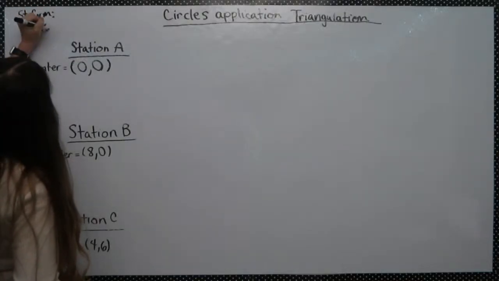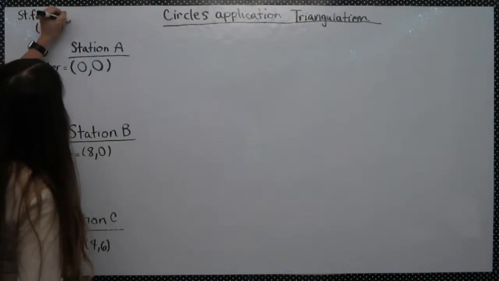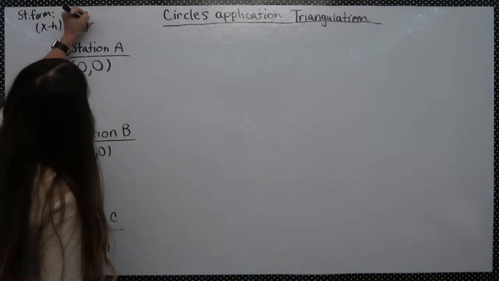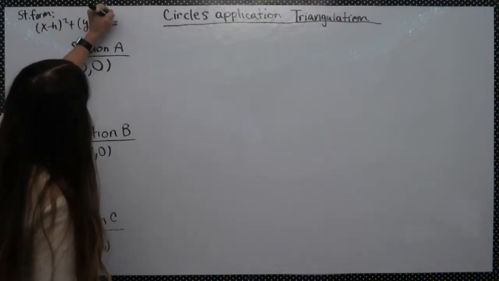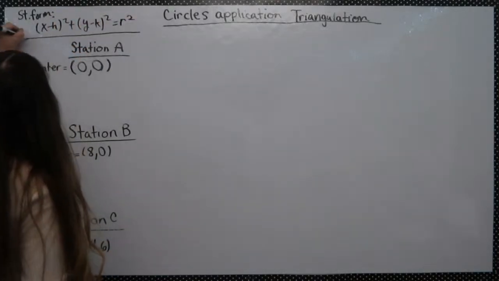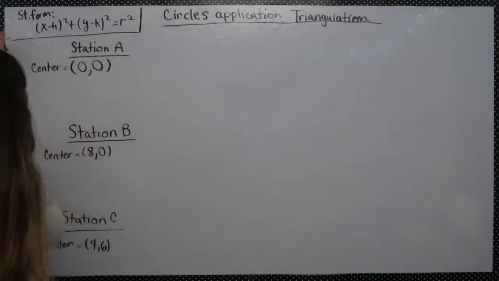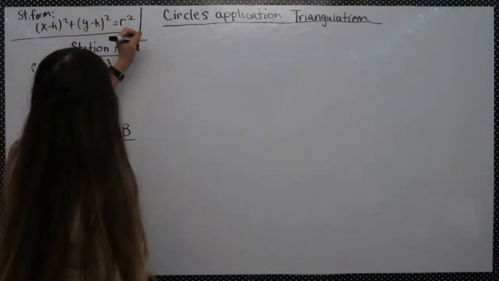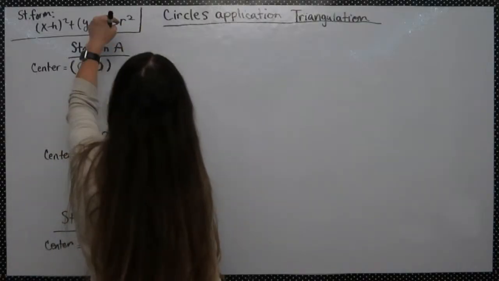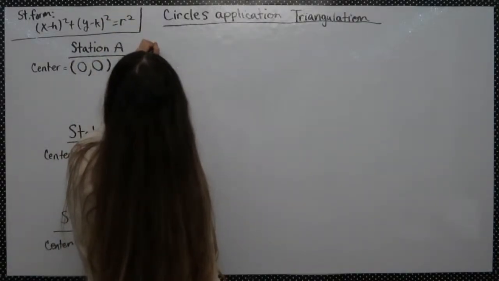You've got x minus h quantity squared plus y minus k quantity squared equals r squared. And h comma k is the center and r is the radius.